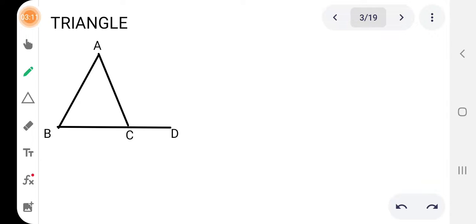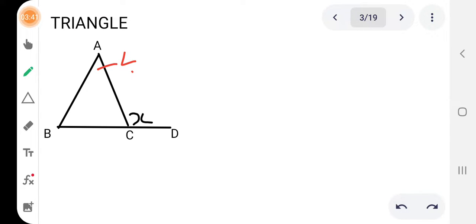Now let's take a given triangle, and they say find angle x. You are told that angle B is equal to 45 degrees. Let me use a different color. You are told that angle A is equal to 45 degrees.